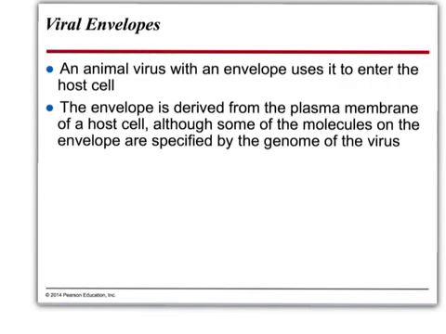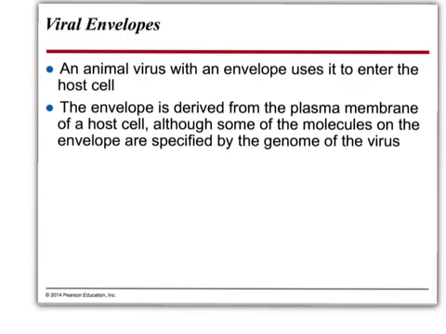Okay? So that's how a virus enters the cell. There is a specific interaction between the virus and its target cell. All right? The envelope itself is a derivative of the plasma membrane of a previously infected cell. Okay? So what do you think it has in terms of structure?